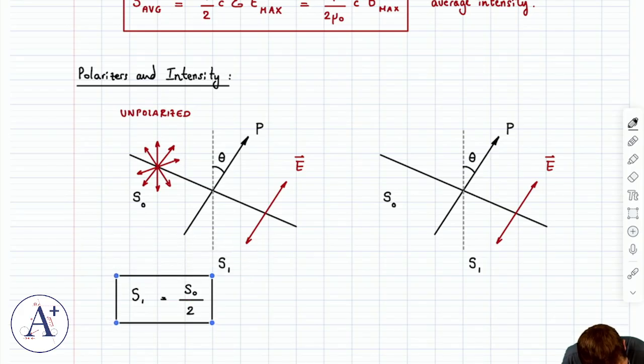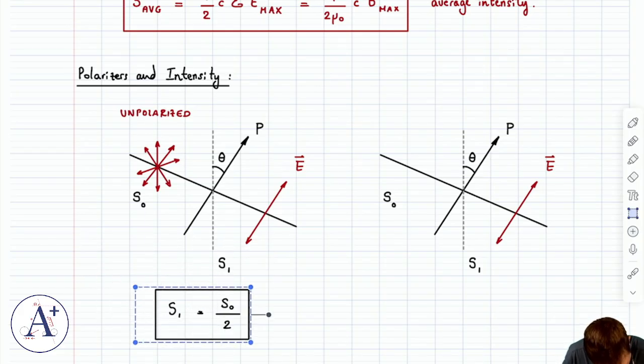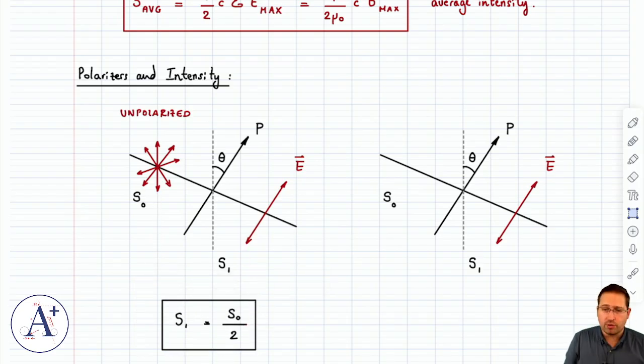You lose half of the intensity if you go through a polarizer and you have unpolarized light initially. So that's one way, in fact, to create polarized light. You pay a price, you lose intensity, but you do get polarized light coming out of the polarizer. So that's one particular case.